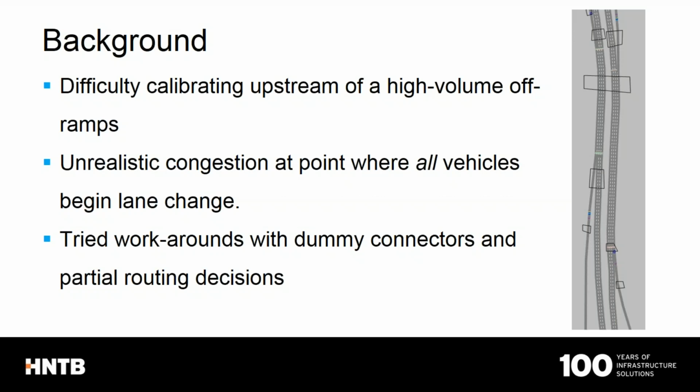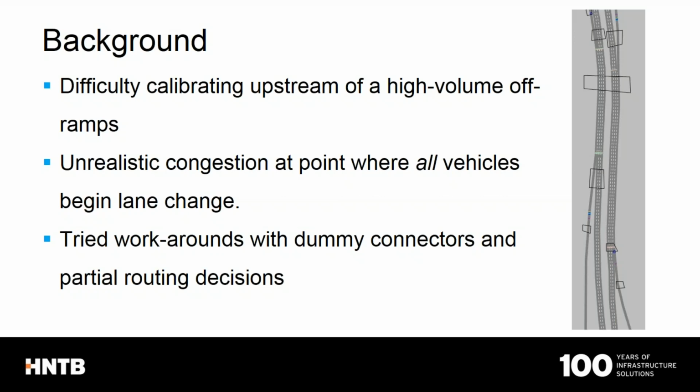Part of the reason for that is when you have an off ramp and you code in a lane change distance upstream of that off ramp, I believe the default distance is 200 meters or about 656 feet. At that point, upstream of the ramp or of that connector, all vehicles will start initiating a lane change to try to position for that off ramp.